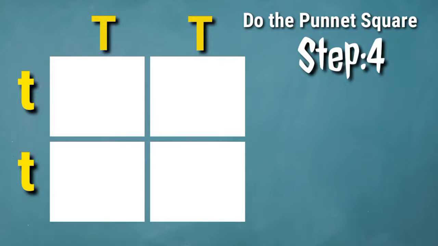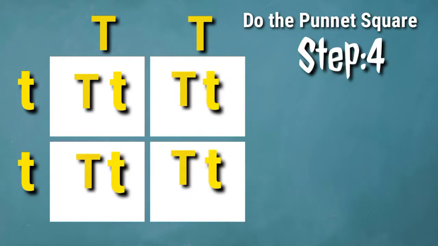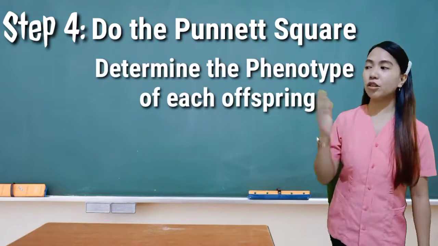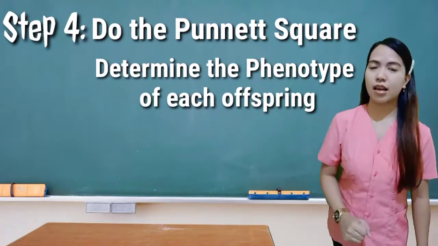The letters in the middle show you all the possible combinations of alleles that can happen when these gametes meet during fertilization. For example, the one on top is tall and the other one is dwarf. When combined, tall and dwarf will result in capital T and small letter t, which means this is heterozygous. Do the same thing with the others. Next, determine the phenotype of each offspring.